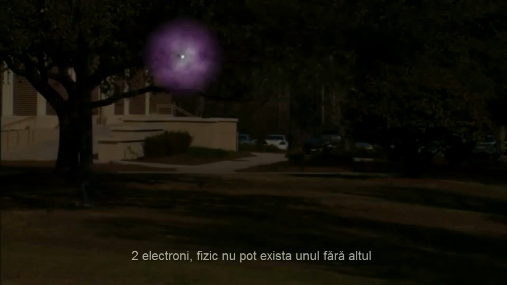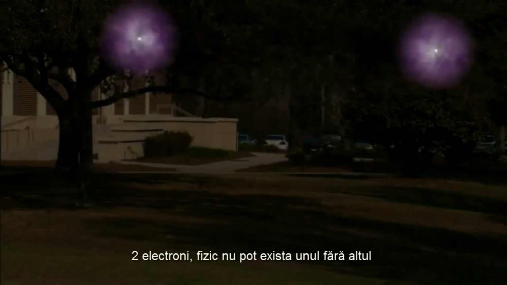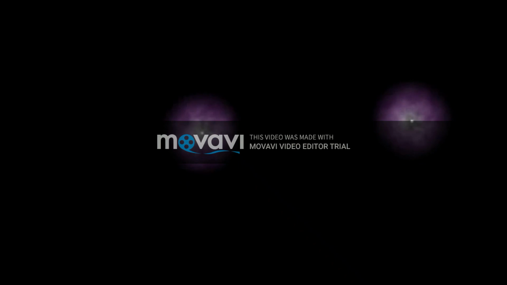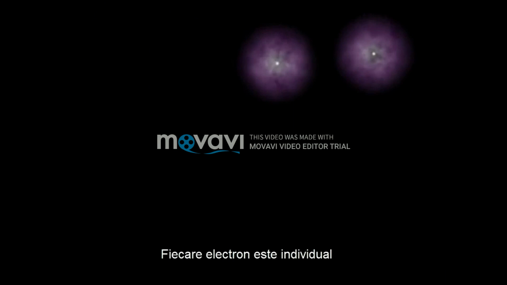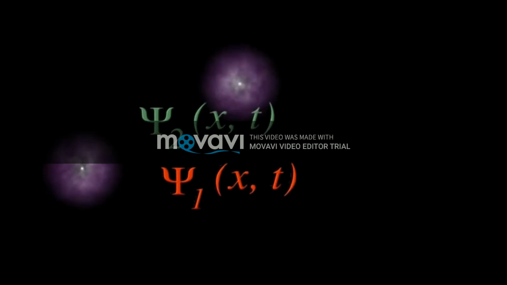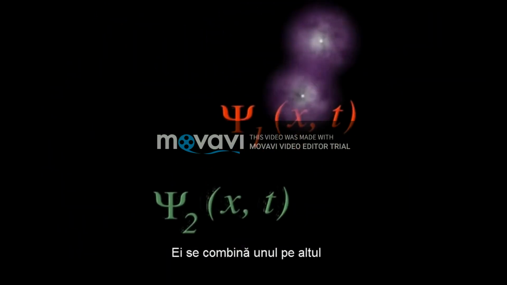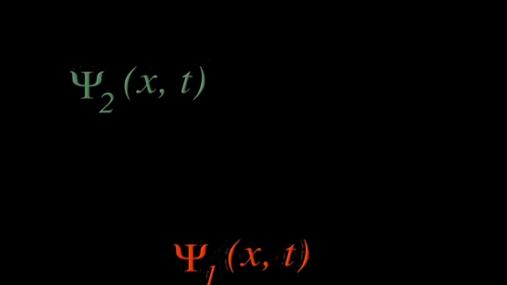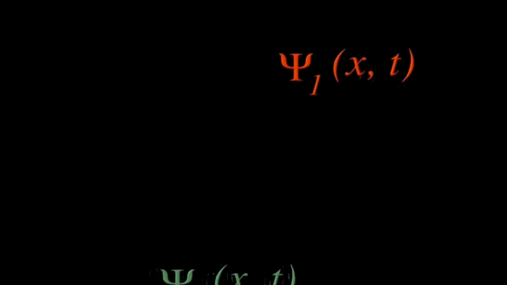Since the two electrons are consistently phasing in and out of existence, and since they are absolutely identical, it is impossible to keep track of specific individuals. Because of this, we must use a combined wave function to describe the pair rather than using two individual wave functions.